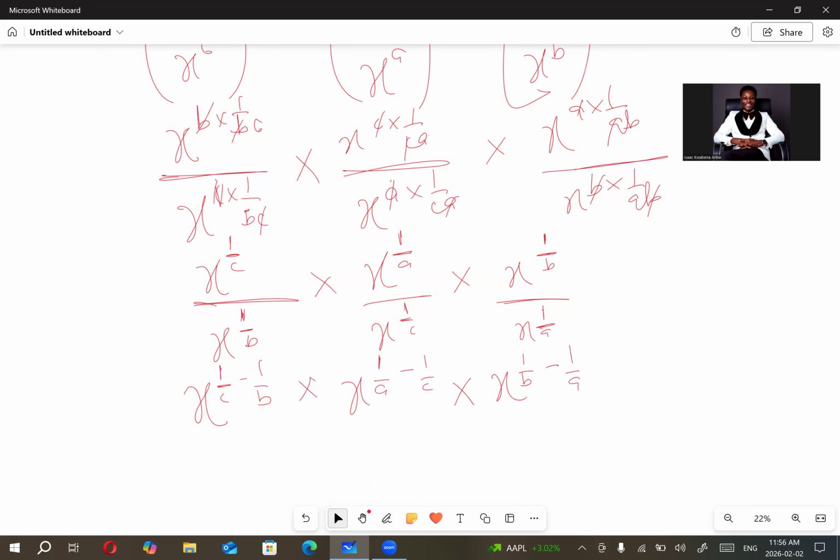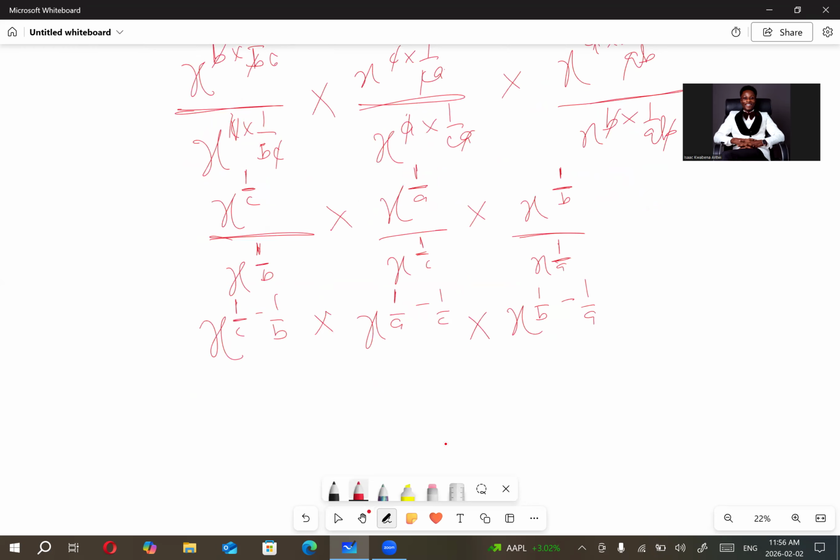Now, the bases are the same again, right? And they are multiplying, so I'll just pick one, and if they are multiplying, add the powers. So that'll be 1 over c minus 1 over b plus 1 over a.